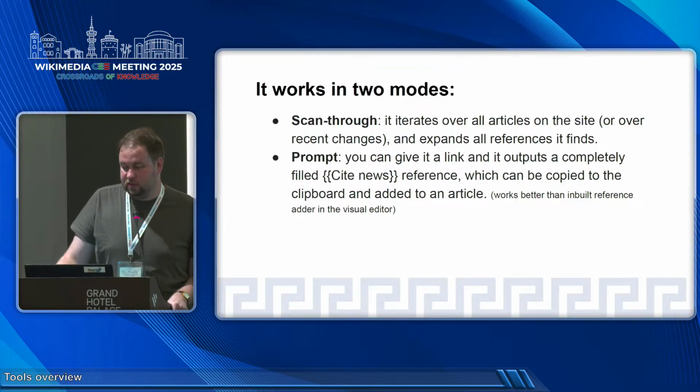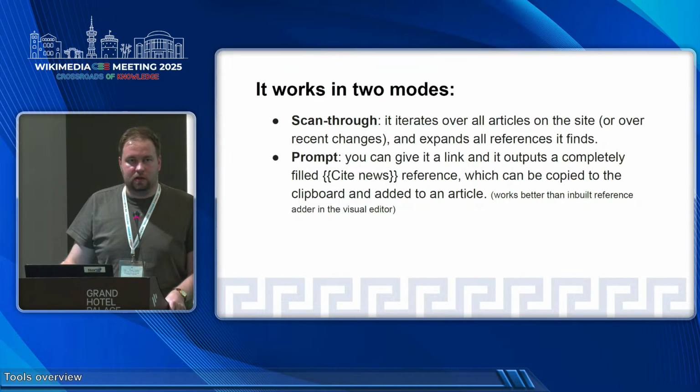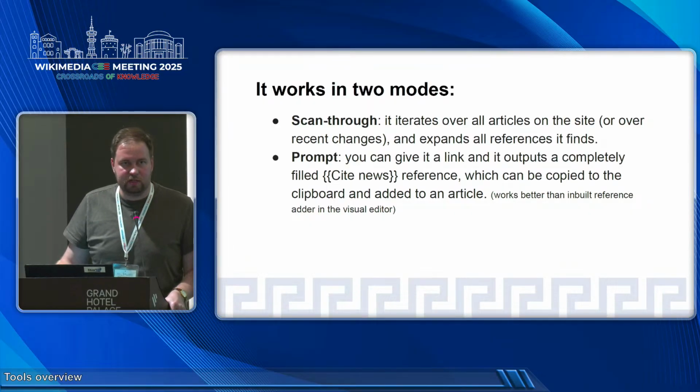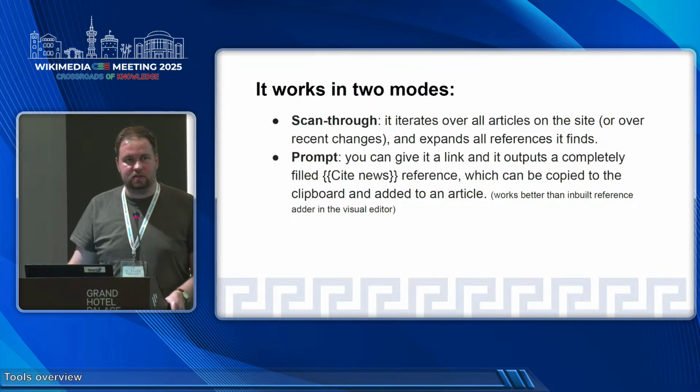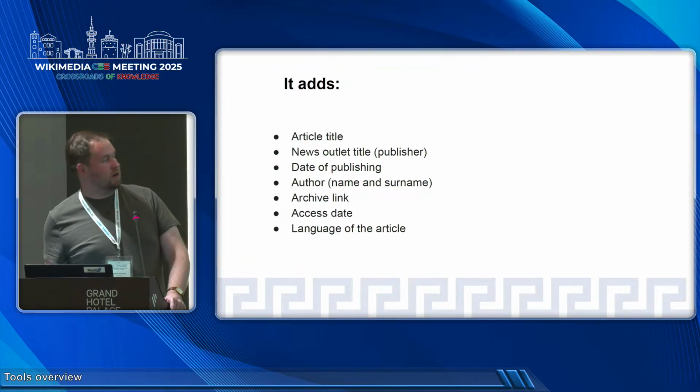Yes, I know there is an inbuilt reference adder in Visual Editor, but it doesn't work that well. It doesn't give all the information that is available, and it can fail at some links. So what does it add? An article title.